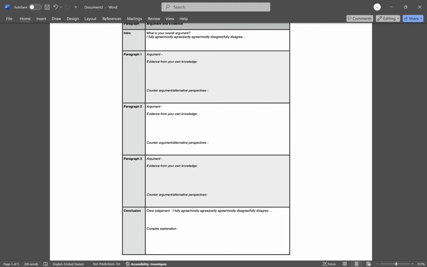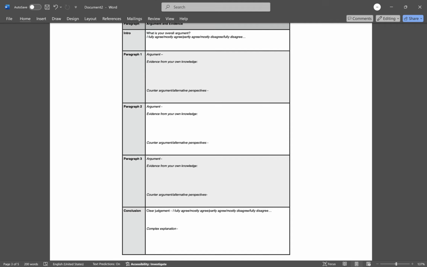Then you have to have a topic sentence for paragraph 1, 2, and 3 that is clear and concise so that the examiner can know exactly what you're talking about, with a mini conclusion at the end of each main body paragraph, other than your conclusion at the end, that gives a clear judgment of what you think with a complex explanation, including the other factors that are less significant.